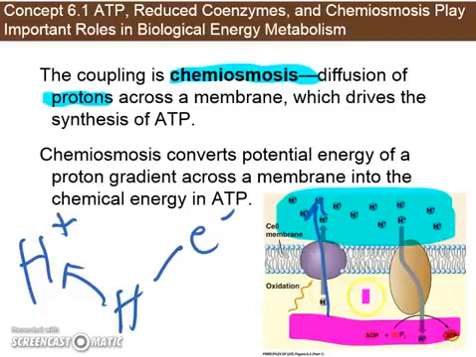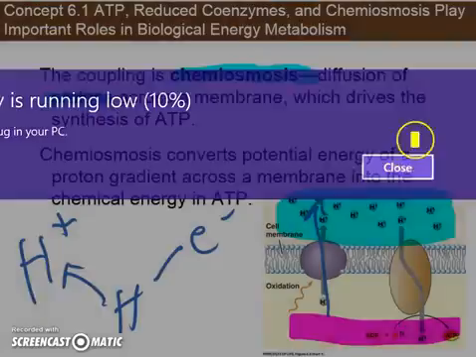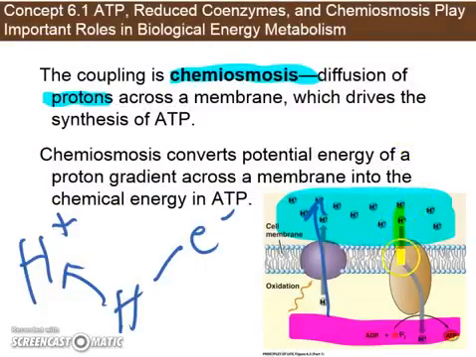Because of oxidation, because we lost electrons from NADH, we had the energy to pump these protons up here. And now we've established what's called a proton gradient. Those protons are going to flow through ATP synthase in order to make ATP. There it is.